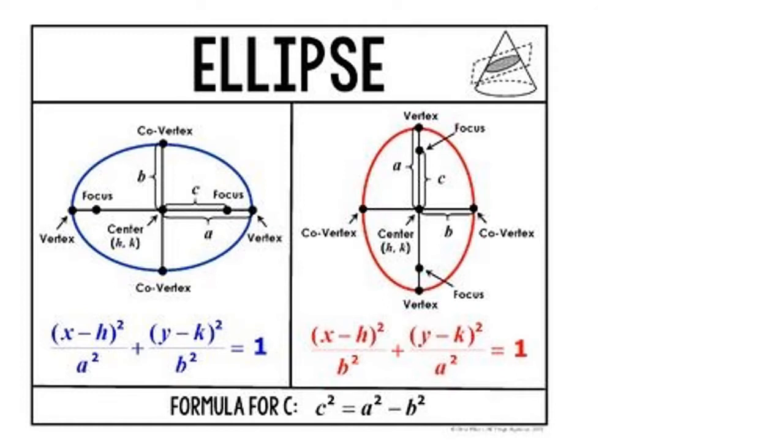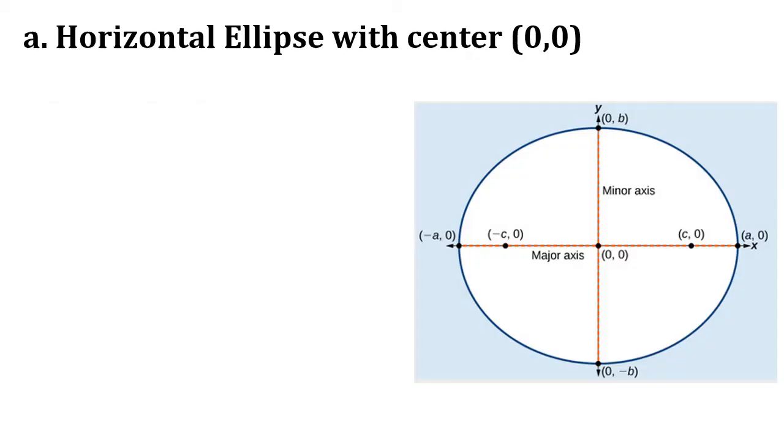It's not the Pythagorean theorem. So c squared is equal to a squared minus b squared. The eccentricity is equal to c over a. And the length of the latus rectum is equal to 2b squared over a. Take note of that.